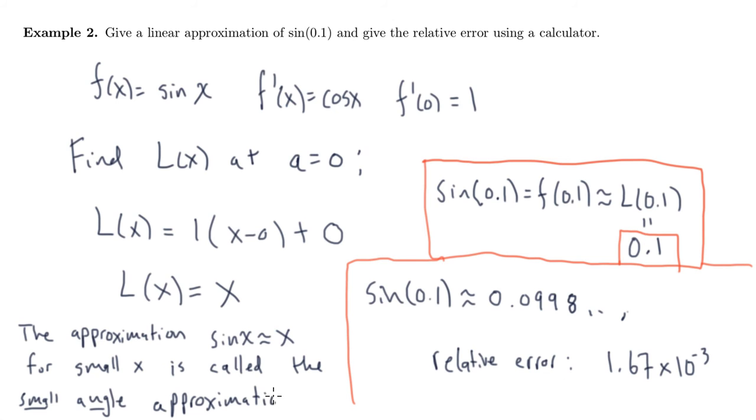It has a special name because it's so important. This is the approximation that near zero, sine x is approximately equal to x.